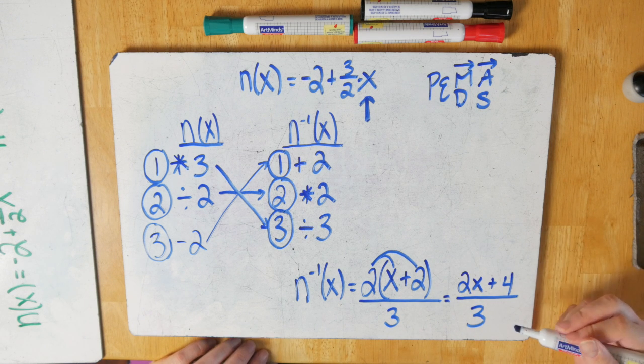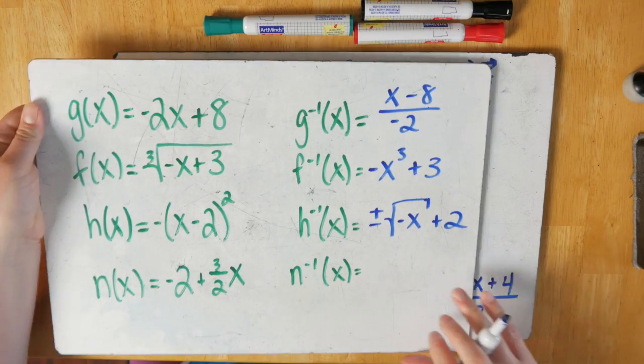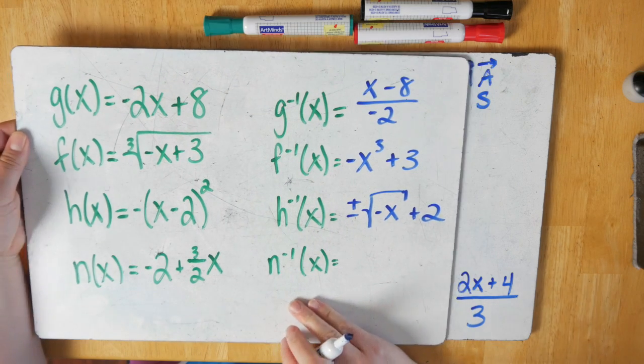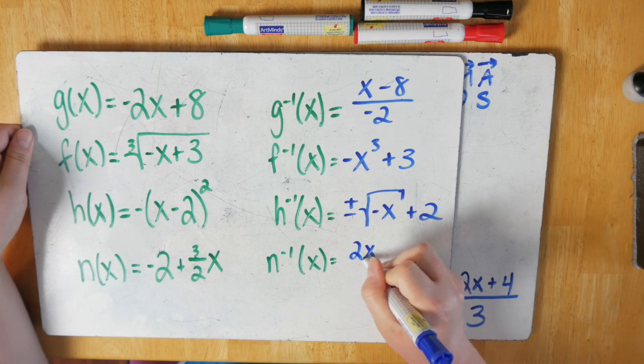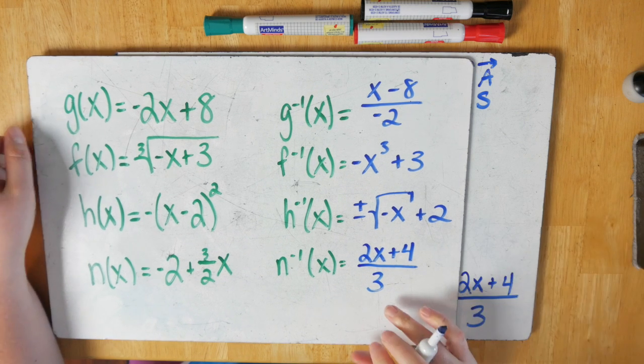And so there we have a slightly more simplified inverse of n of x: the function is 2x plus 4, divided by 3.